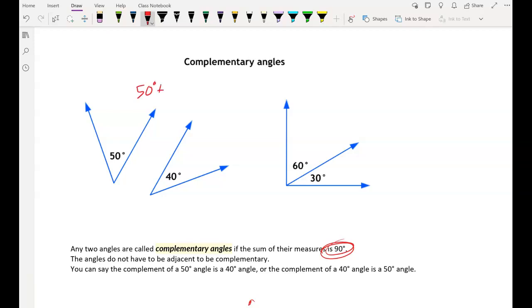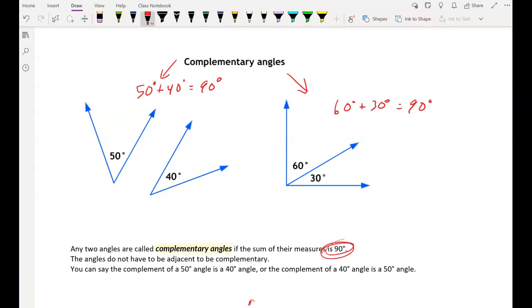Notice 50 degrees plus 40 degrees, that's 90 degrees. 60 degrees plus 30 degrees, that's 90 degrees. So these are complementary angles. And you can say that the complement of a 50-degree angle is a 40-degree angle, or vice versa.